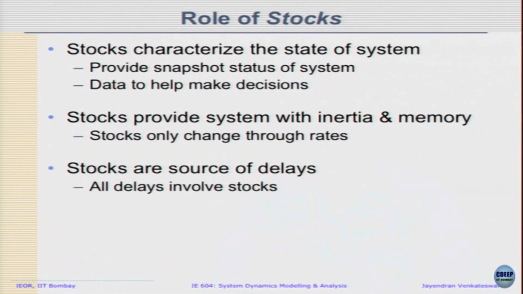Stocks are a source of delays; all delays involve stocks. For example, when sending a package through FedEx or UPS or any courier, it does not reach instantaneously. You send it and after a time lag it reaches. Until then the package does not disappear, it is there in the system somewhere. So, you can say packages in the pipeline are a stock, so that matter is conserved.